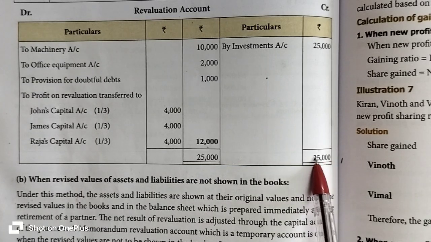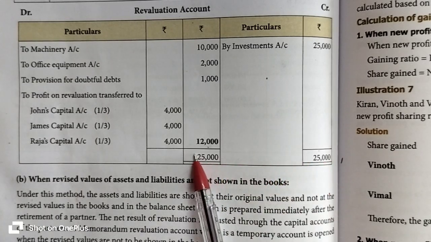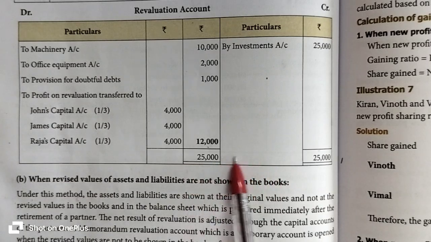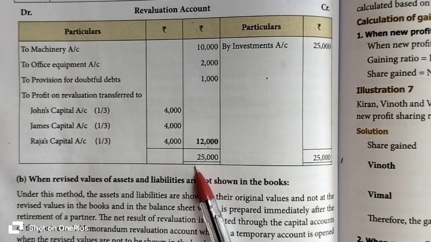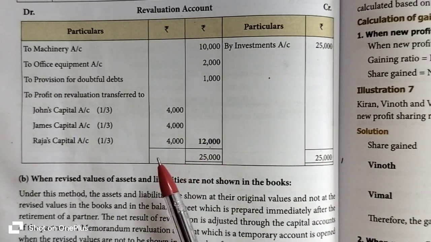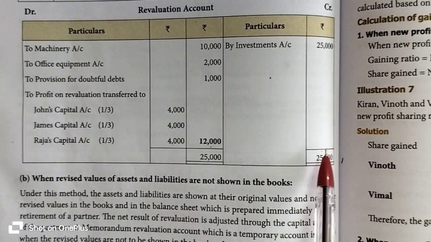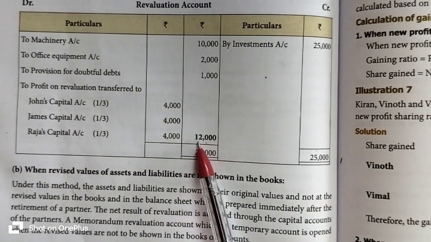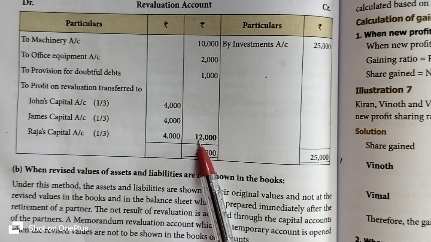We enter 25,000 on both the debit and credit side equally, on the same horizontal line. After entering the total, below the total we draw a double line which denotes total. After drawing the double line, come to the lesser side. If you get the total on the debit side, you will get the balancing figure on the credit side.